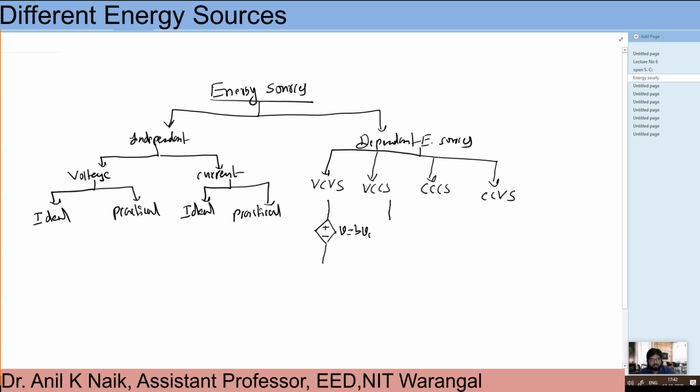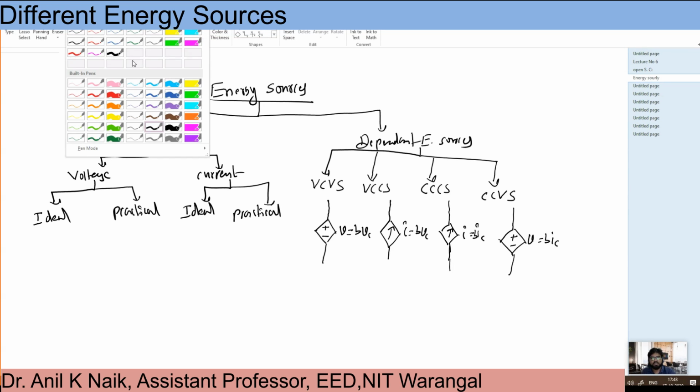This is the current source controlled by voltage, and this is also a current source controlled by current, and this is my voltage source controlled by current. So these are the different symbolic representations.